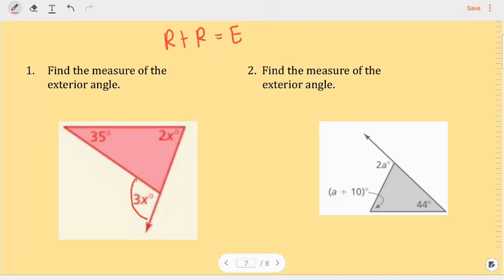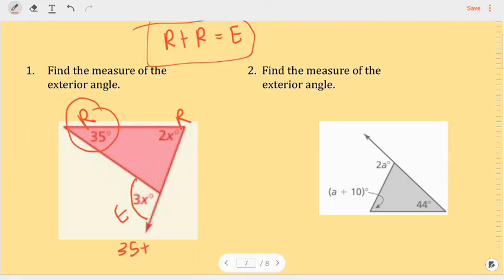Identify it. This is my exterior. What are the two angles that are farthest away from that exterior? This remote angle and this remote angle. Once I have those labeled, I'm going to fill in this equation: R plus R equals exterior. So my first R is 35, plus my second R is 2x, equals my exterior, which is 3x.